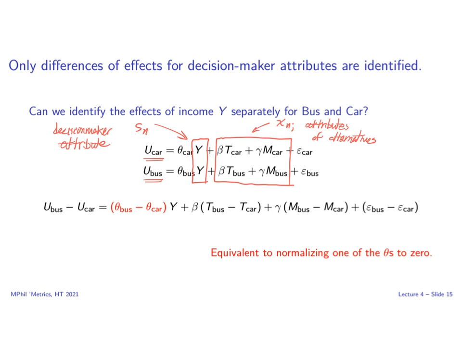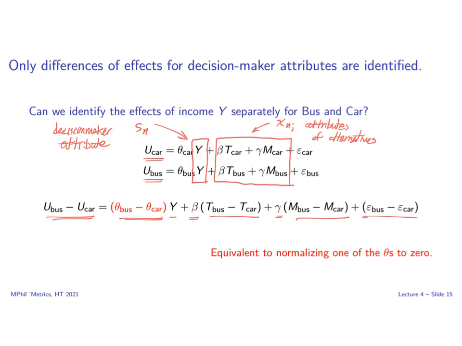Subtracting, the difference in utilities, bus minus car, is equal to the quantity theta bus minus theta car times income y, plus beta times the difference of time costs, bus minus car, plus gamma times the difference of money costs, bus minus car, plus the difference of errors, bus minus car again.